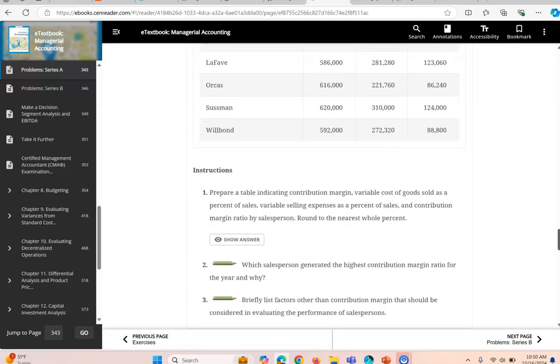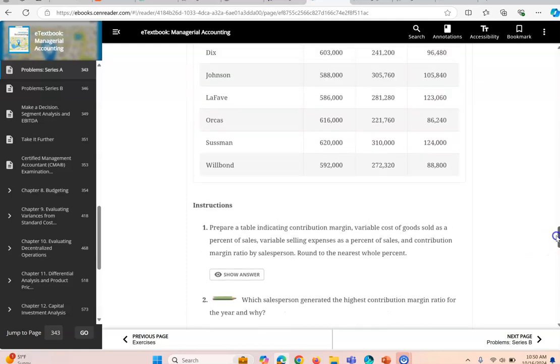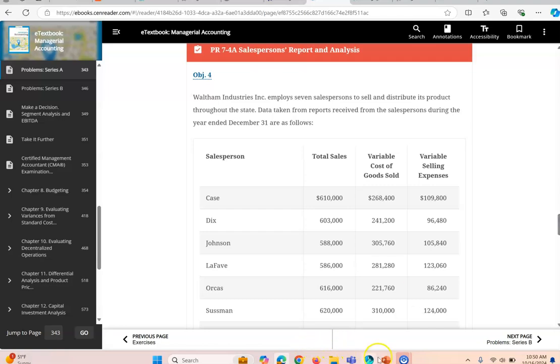Prepare a table indicating the contribution margin, the variable cost of goods sold as a percent of sales, the variable selling expenses as a percent of sales, and contribution margin ratio by salesperson. And then we're going to look at which salesperson generated the highest contribution margin ratio and why, and factors that could be considered in evaluating the performance of these sales individuals.